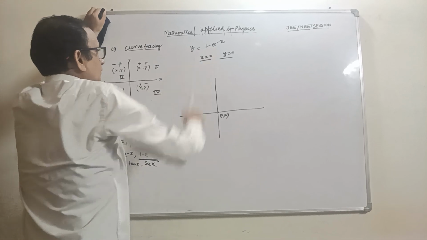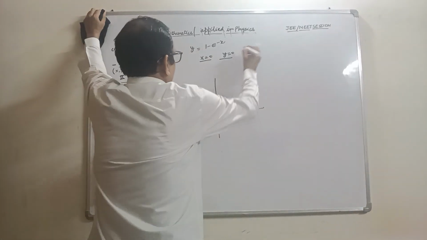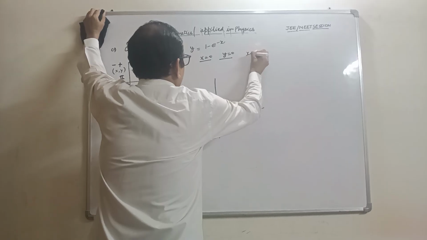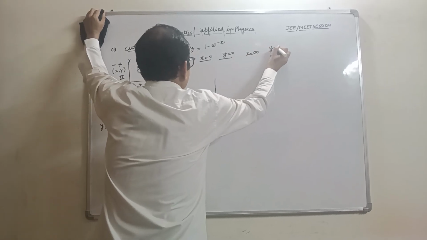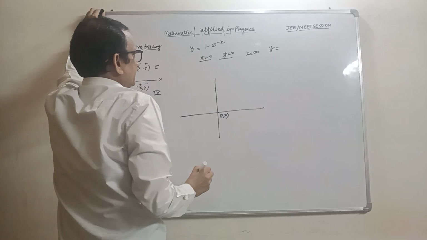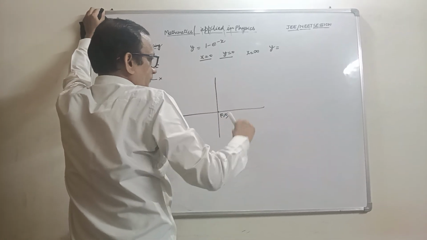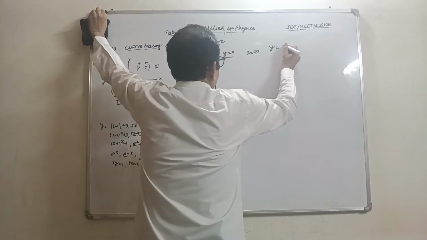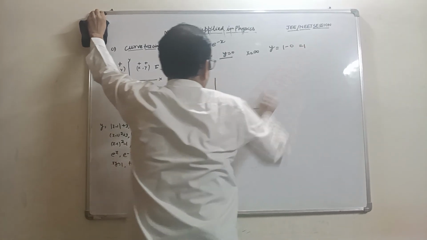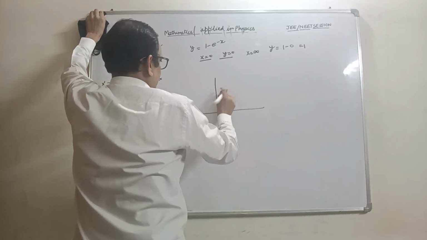For x equal to infinity, y becomes 1 minus e raised to power minus infinity, which is 1 upon infinity, that is 0, so y is 1 minus 0, equal to 1. So this coordinate becomes, suppose, 1.